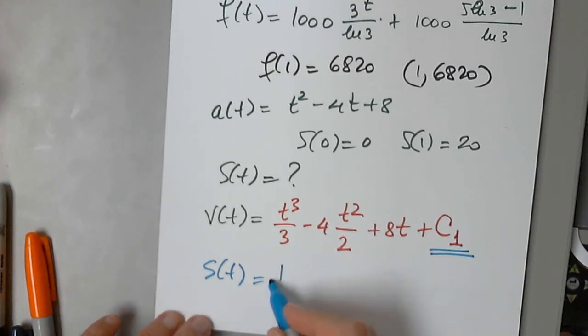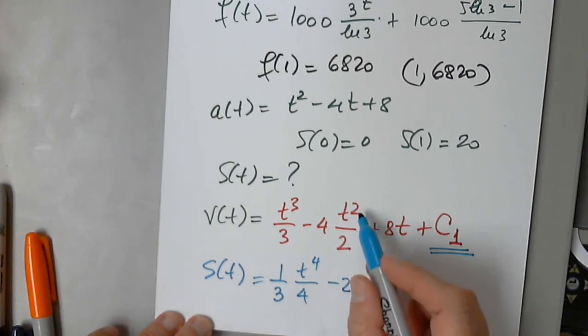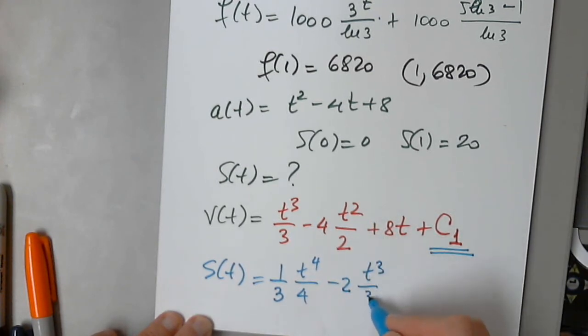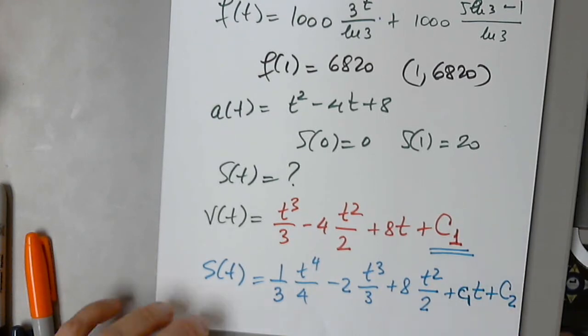So now we have 1/3 t to the third, which comes from t to the 4th over 4, this is 2, t squared is coming from t cubed over 3, plus 8t squared over 2 plus c1t plus c2. So let's do this together.